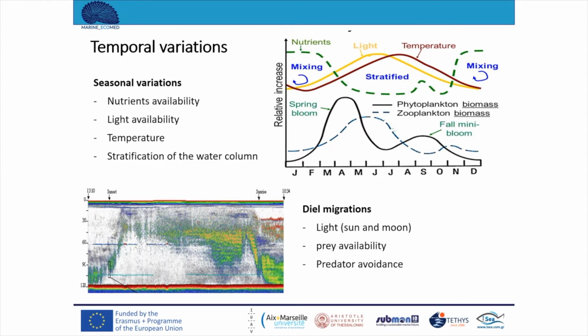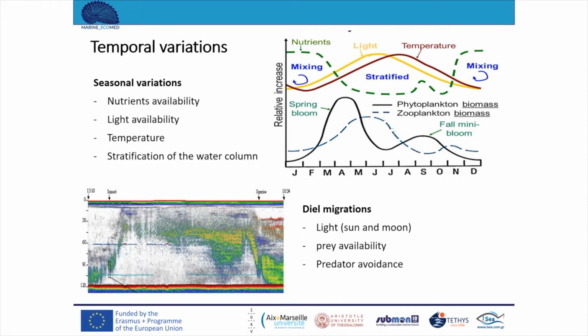Phytoplankton will then be used by zooplankton, which will reach maximum biomass a few months later, depending on the temperature. During summertime, the lack of available nutrients will not allow phytoplankton to grow.